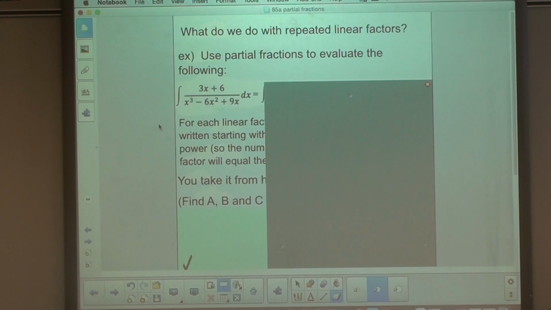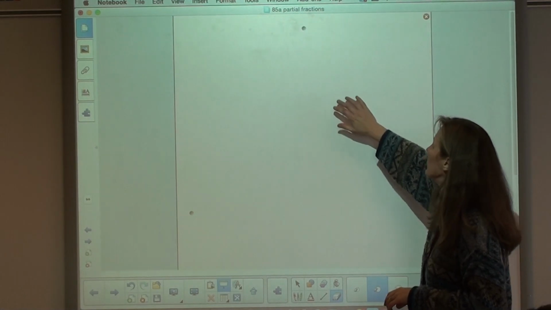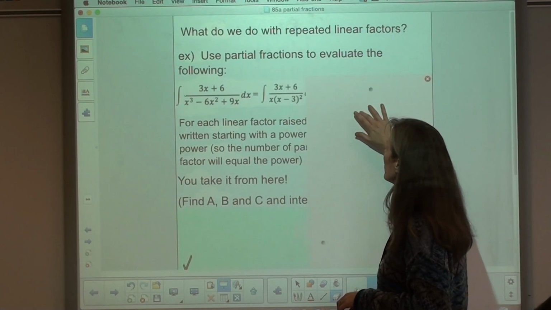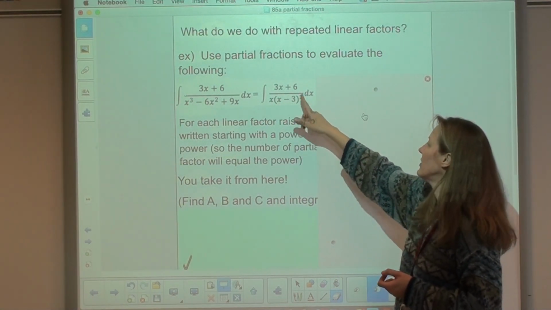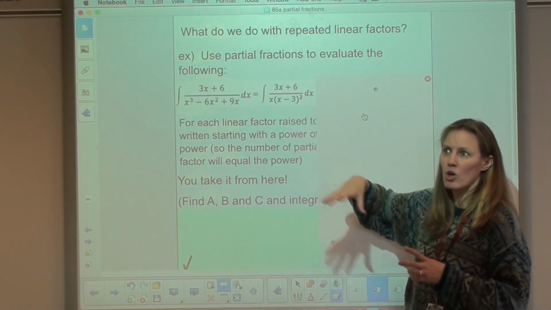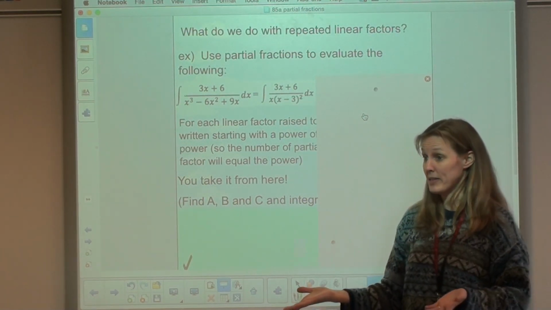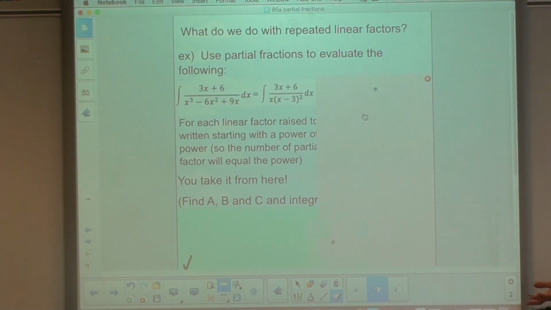Alright, everyone got it factored? Okay, this problem has what are called repeated linear factors. That means that you have linear factors that are a quantity raised to a power. So the x minus 3 is repeated twice. When you have repeated linear factors, something mildly unusual happens.